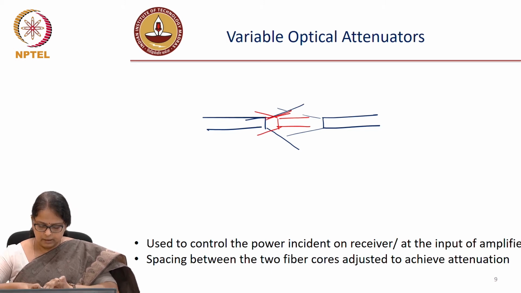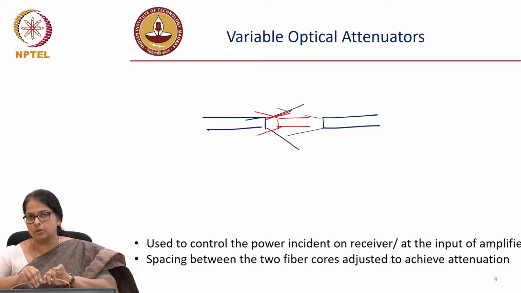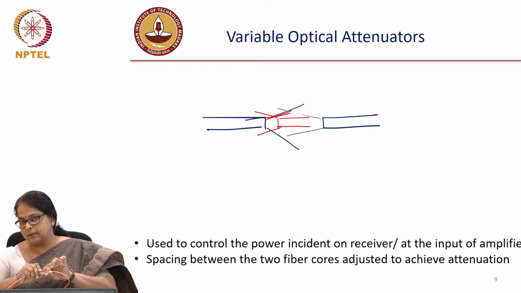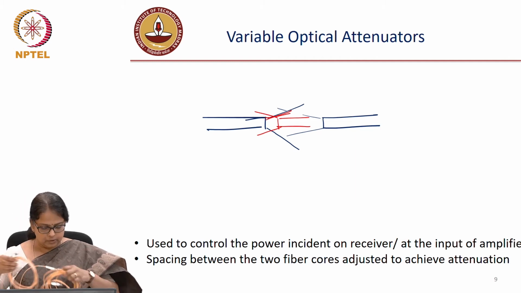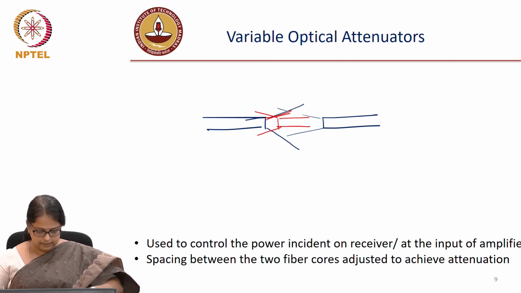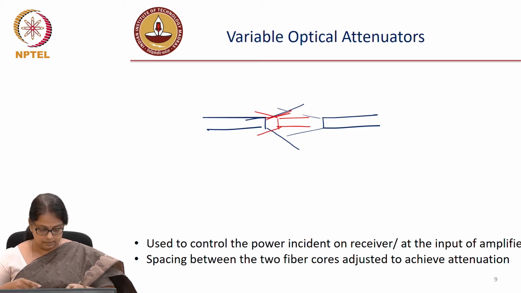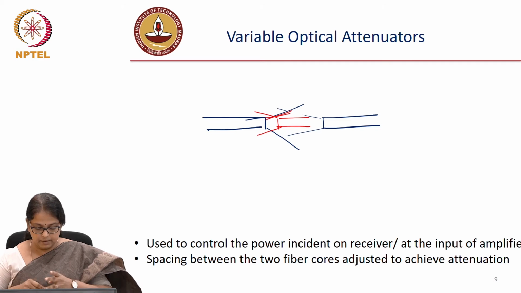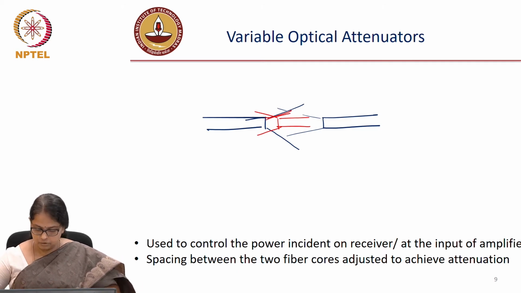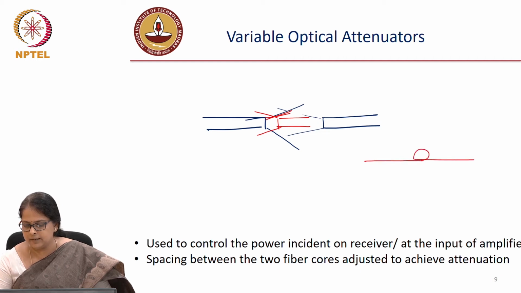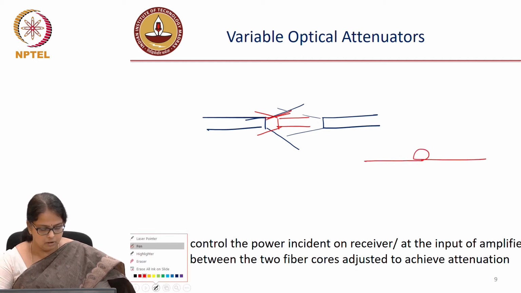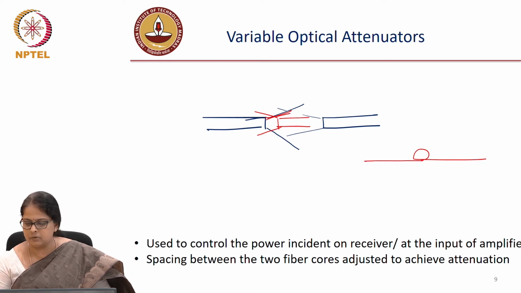Typically for such applications, you use what is called a tap coupler or a 99:1 coupler, a coupler whose coupling ratio is designed to be 99:1, so that you can use the 1% power for tapping the power in the main line. So you have a fiber link and you want to know how much power is in the link without disturbing the link.